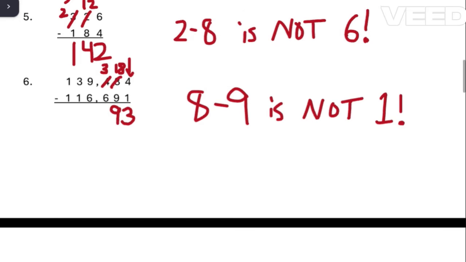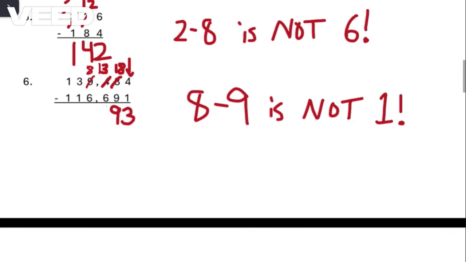And we run into the same problem again with 3 take away 6. We can't do 3 take away 6 because 3 is too small. So we have to go to our next door neighbor, turn the 9 into an 8, and the 3 gets 10 added to it, so it turns into a 13. Now we can do 13 take away 6.